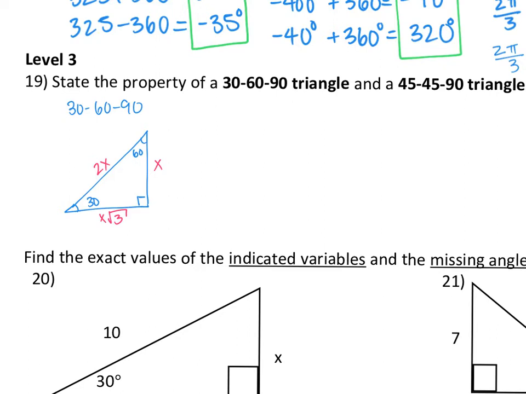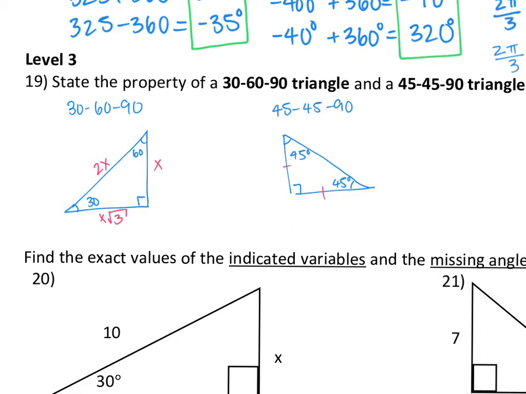Let's take a look at 45, 45, 90 triangles. Let me do a better job doing this one. So if this is a 45, 45, 90 triangle, that means both angles have the same degree. They're both 45s. In that case, that means that if both angles are the same, both sides are the same length.